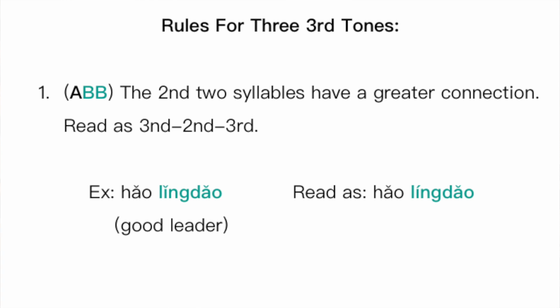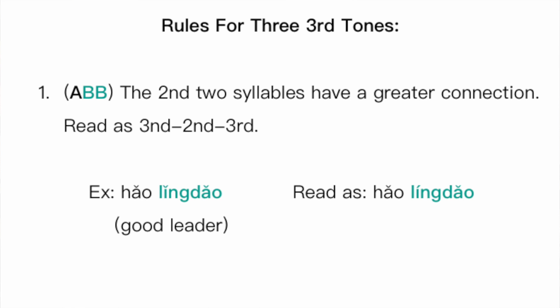The two B's have more of a connection, or are usually considered more so as a word unto themselves, and the first syllable is something else that goes along with it. Okay, so for example here we have this 好领导. I'm already pronouncing it with the correct pattern.